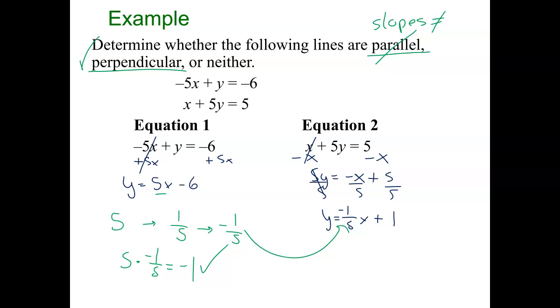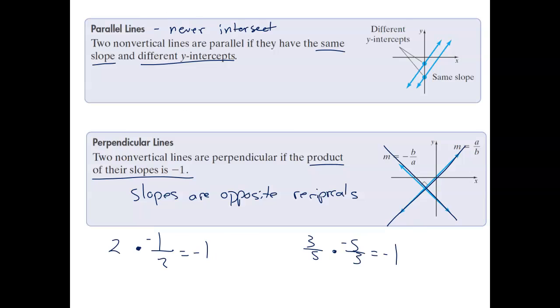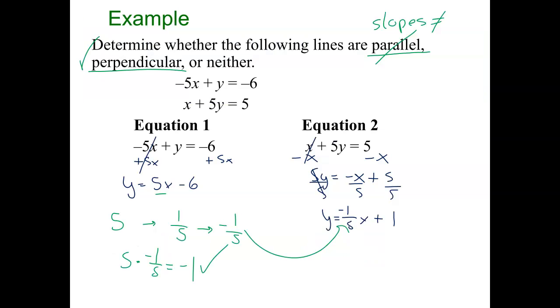Does 1/5 have to be negative every time? They have to be opposite signs. Because when you look at this, one slope is going to be positive and one's going to be negative. That's the only way you'll get perpendicular, if one is positive and one's negative. In equation 1, to see if they're perpendicular to each other, 1/5 has to be positive. So if it was negative, it wouldn't be perpendicular.